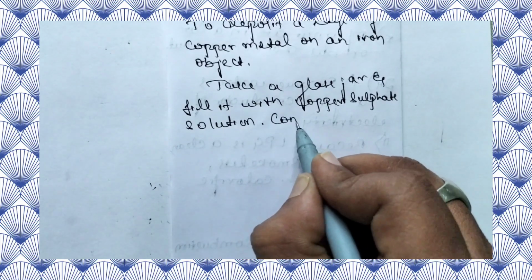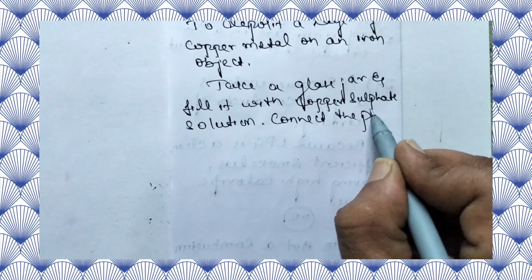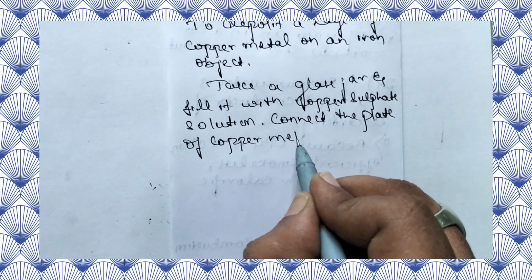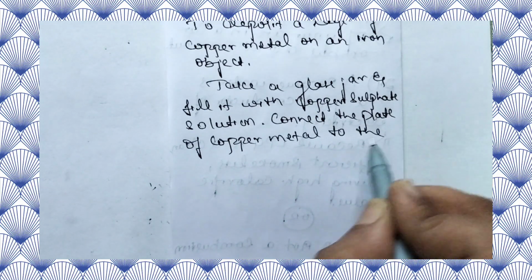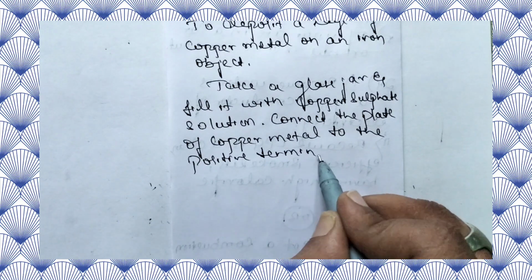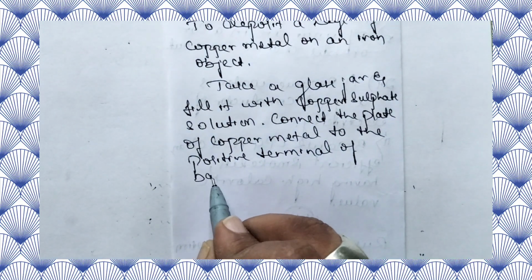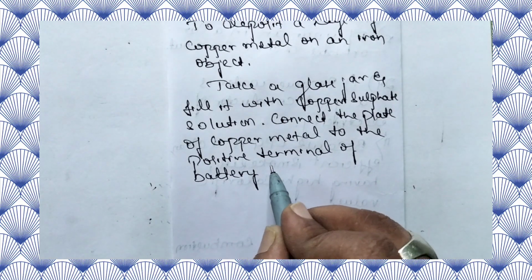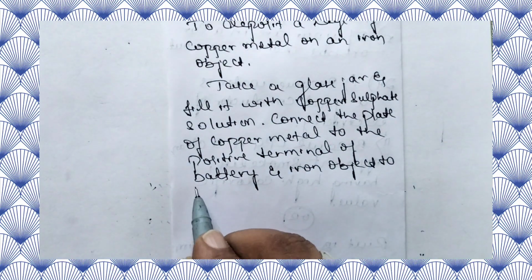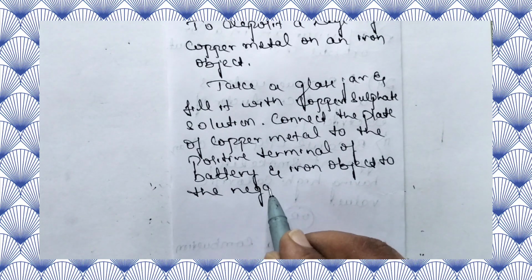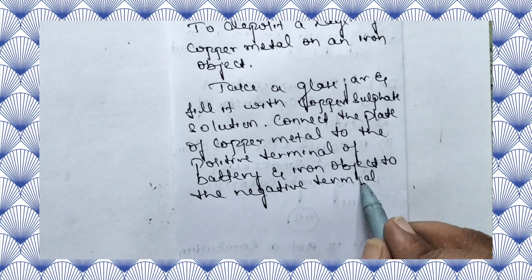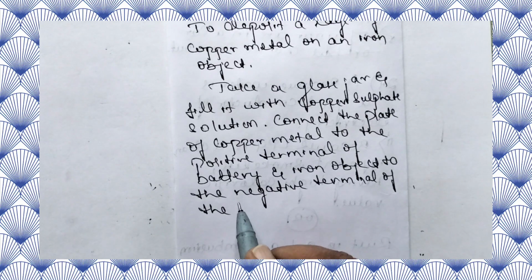Connect the plate of copper metal to the positive terminal of the battery and the iron object to the negative terminal of the battery.